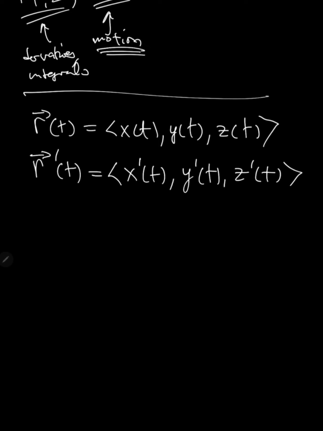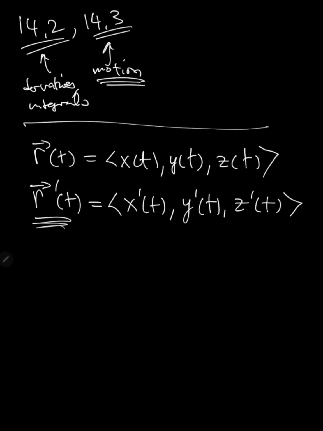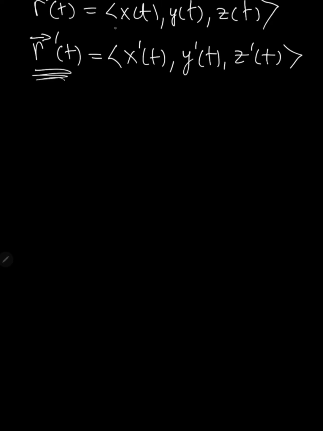So basically, at least at this moment, working with the calculus of one variable of vector valued functions is essentially doing three single variable calculus problems, right? You work with x of t, get x prime of t, y of t, y prime of t, z of t, z prime of t. Okay, so it's just triple the amount of work. Nothing too weird or strange going on in terms of the basic calculations.